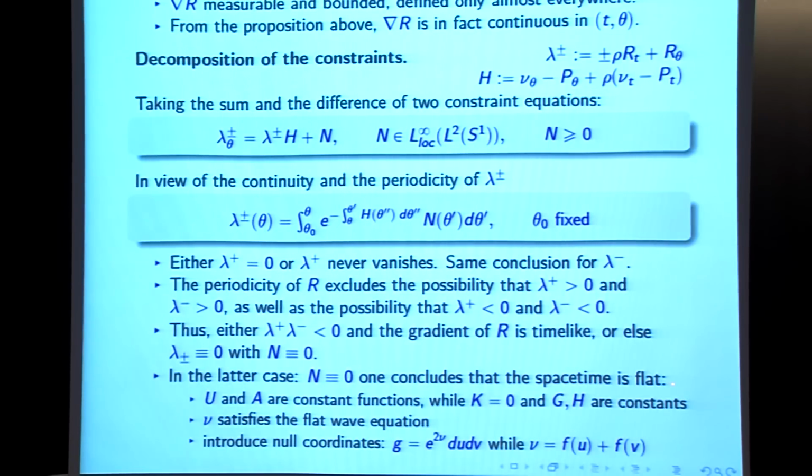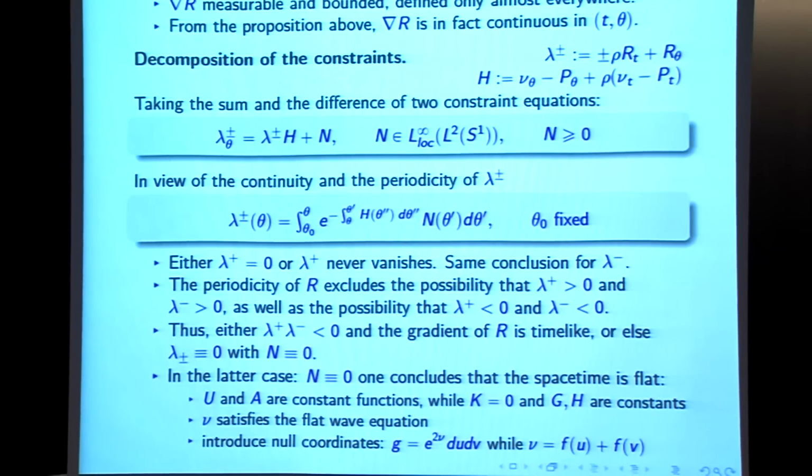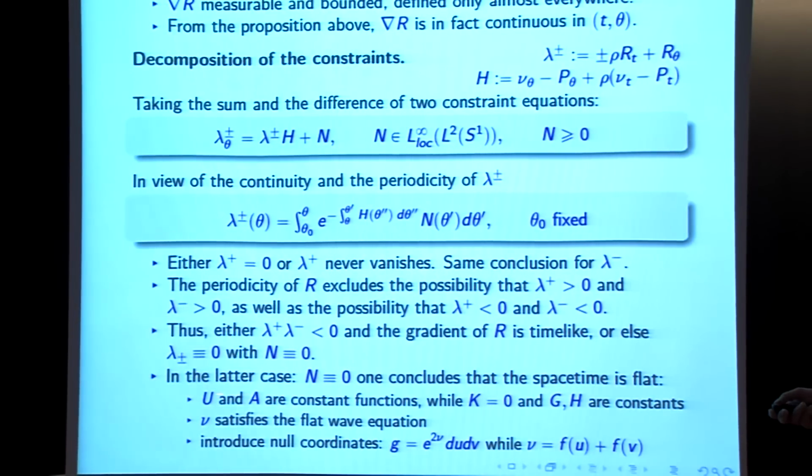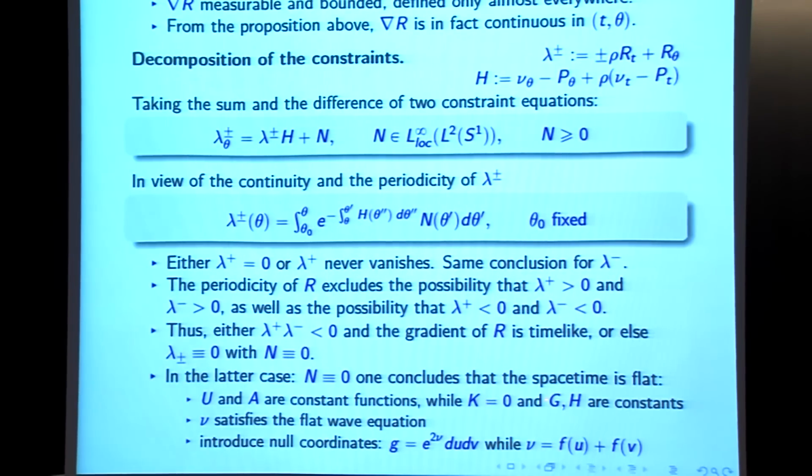Okay, and then there's the final case where N would be identically 0, and you want to conclude that the spacetime is flat. And so, of course, you have now to know what capital N is. I told you it's a sum of squares, right? So if it is 0, it means that each term is 0, and it gives you a lot of things: that U and A are actually constant, because this involves the derivatives of U and A. So they are constant functions in space and time. Capital K is 0. Capital K is a twist, a so-called twist constant.